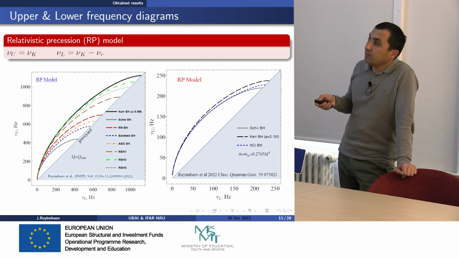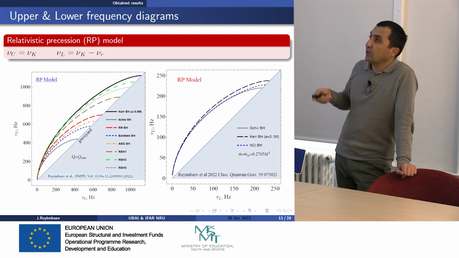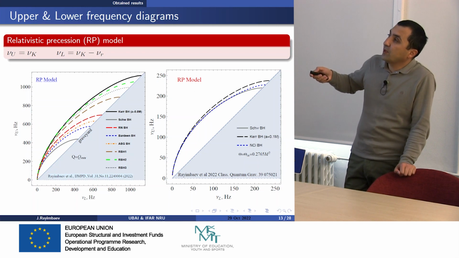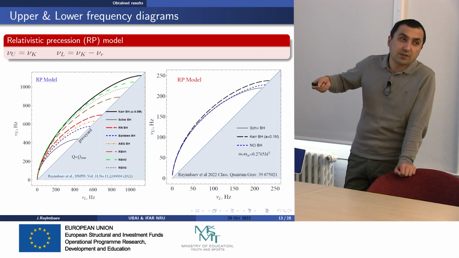If some QPO appears at this point in observation, we can conclude this might be Bardeen or some other black holes with corresponding values.